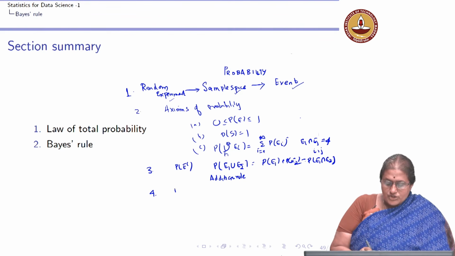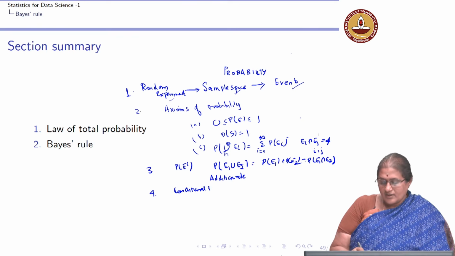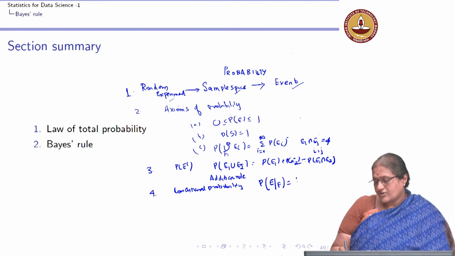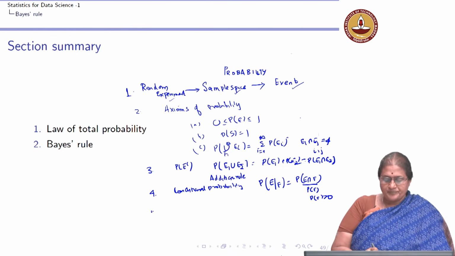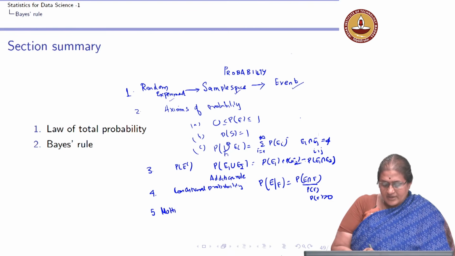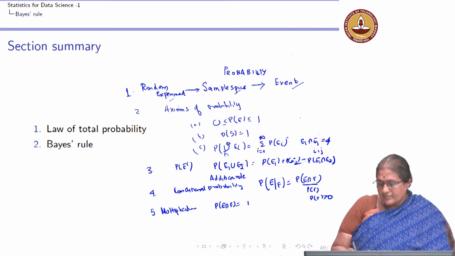Then we introduced the notion of conditional probability, where we spoke about the probability of E conditioned on F to be probability of E intersection F by probability of F, provided probability of F is defined. Then we spent time understanding the multiplication rule, which is just another way of restating the conditional probability definition.